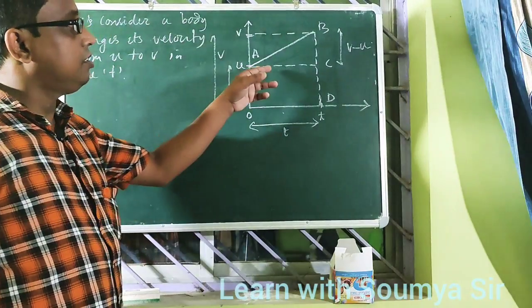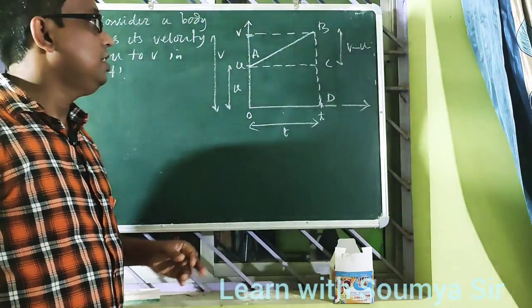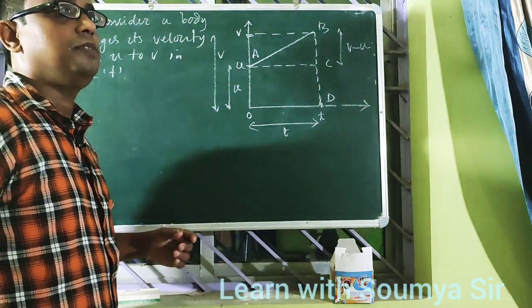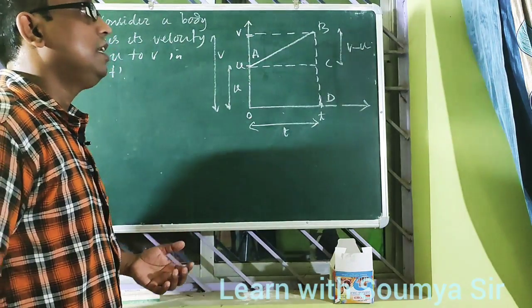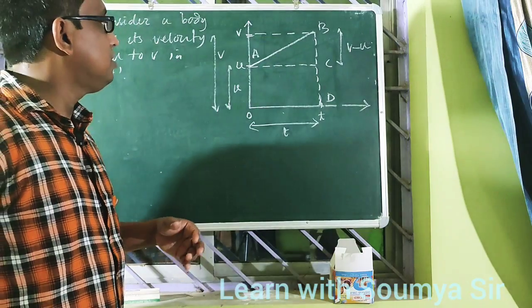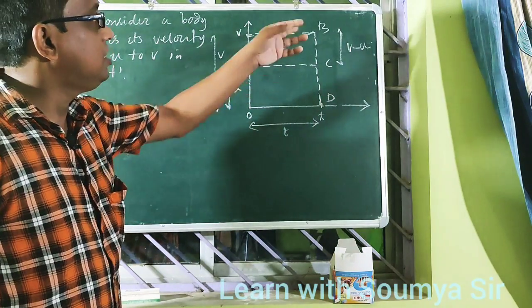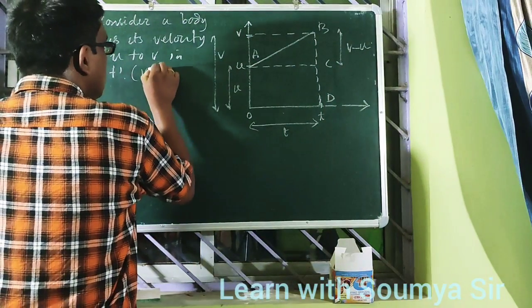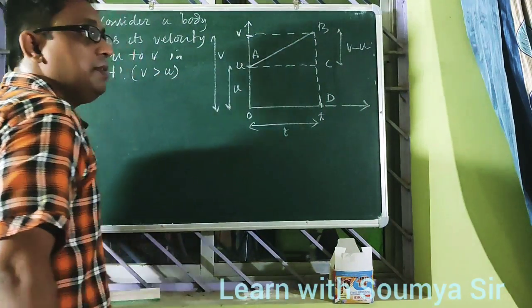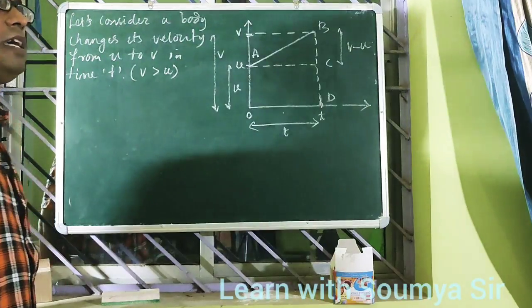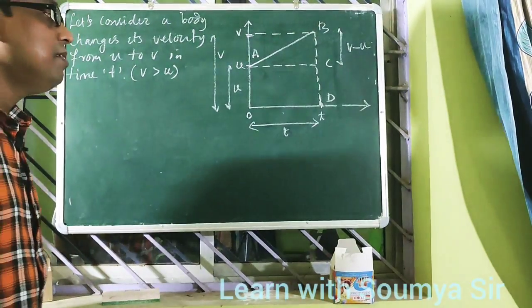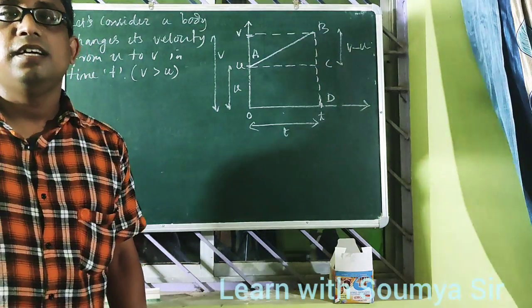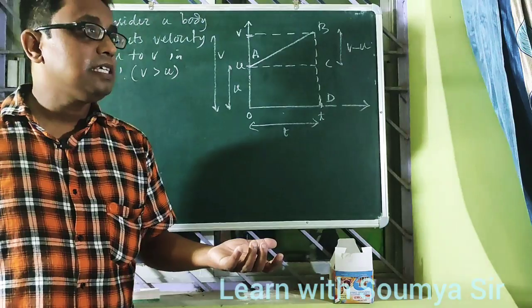That means the initial velocity was u, the final velocity was v. In time t, the body changes its velocity from u to v. Now, v is greater than u. As v is greater than u, you can say that the body will have acceleration, because the velocity of the body is changing, the velocity of the body is increasing, so the body will have acceleration.